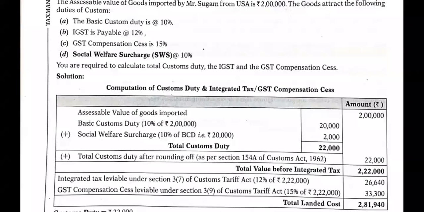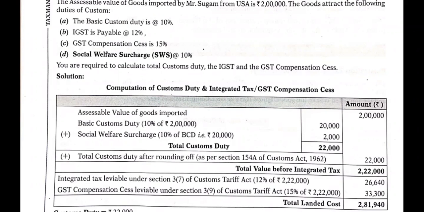So how do we find this? 10% of basic custom duty, that is 20,000. Of that 10%, you will get 2,000 rupees. Now 20,000 plus 2,000, it is 22,000 rupees. So the total custom duty after rounding off is 22,000.